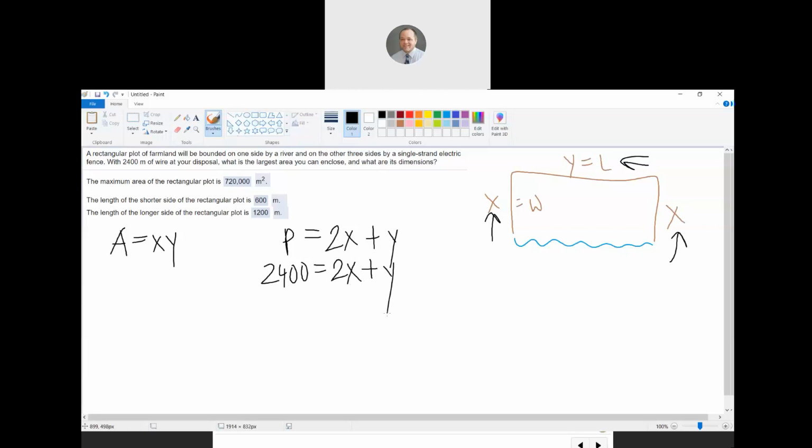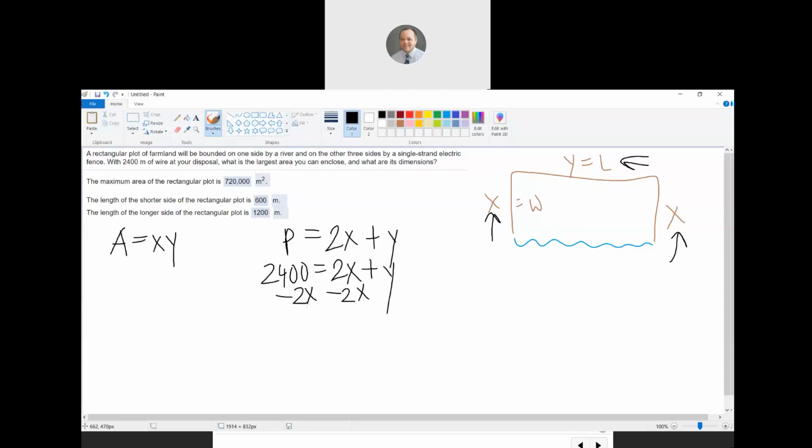Now, before we find the first derivative, we need our area formula to be all the same letter, since we're trying to find the largest area. With the perimeter formula, you can solve for x or y, it does not matter. Since y has a coefficient of 1, I think it's the easiest one to solve.